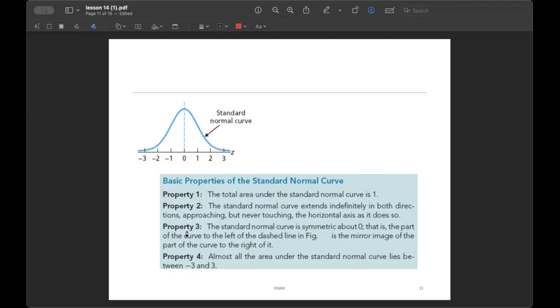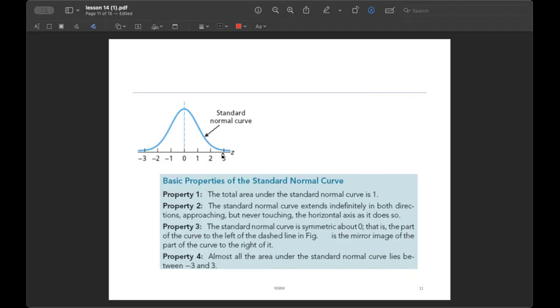That is, the part of the curve to the left of the dashed line in the figure is the mirror image of the part of the curve to the right of it. And for property 4, almost all the area under the standard normal curve lies between -3 and +3.